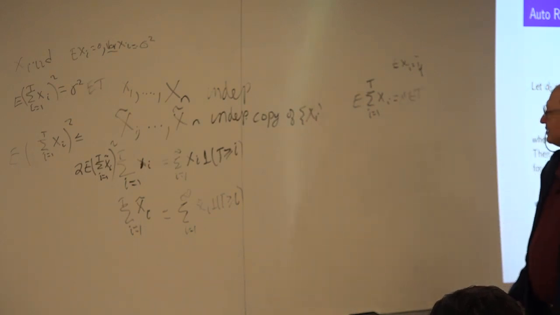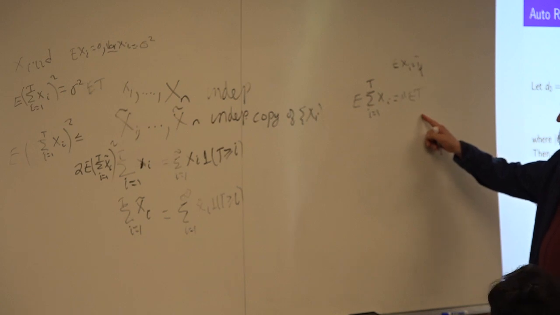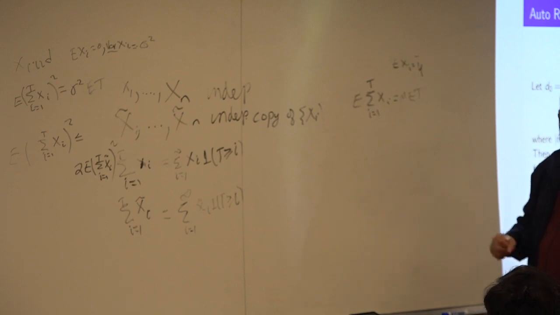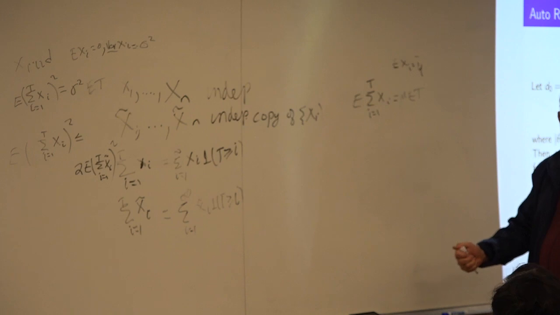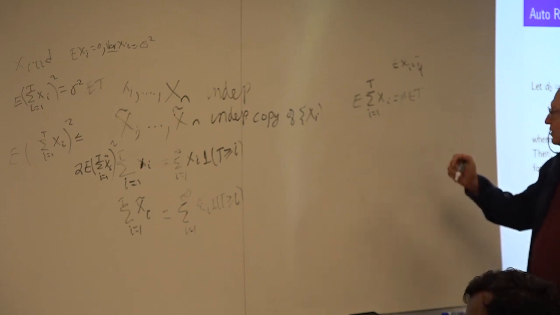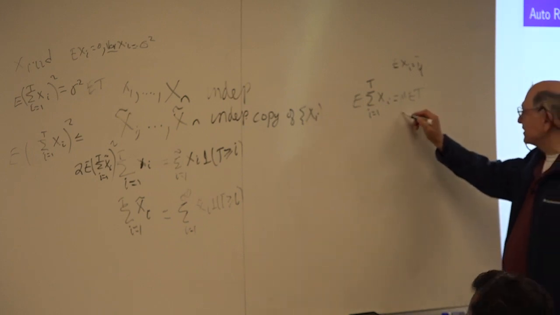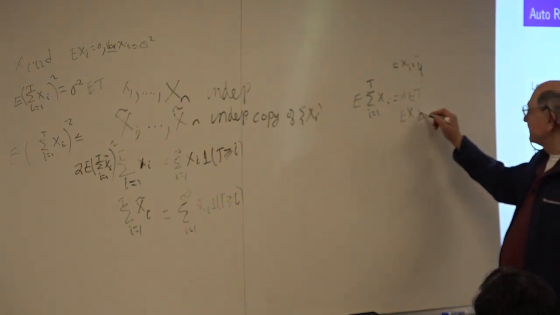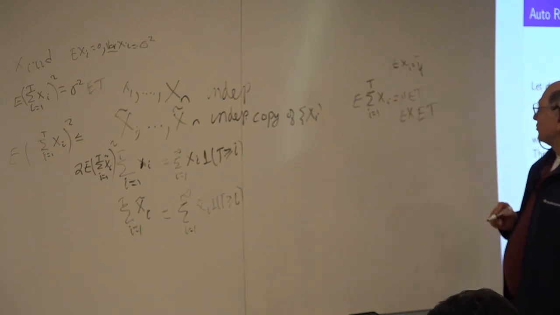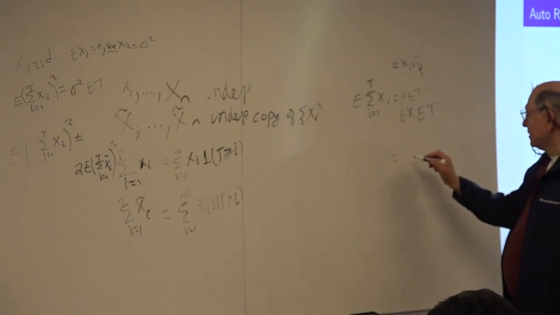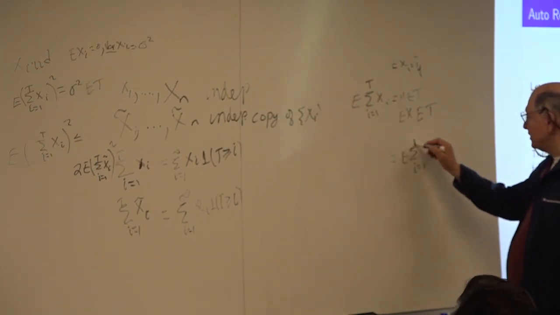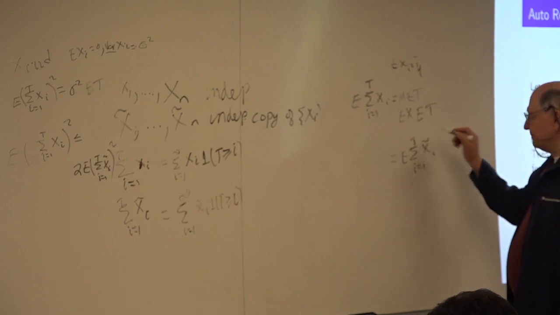Now, by Fubini's theorem, I'm going to show you how to decouple Wald's equation. What Wald did was decouple the sum. This is the expected value of x times the expected value of t, which happens to be equal to the expected value of the sum, i going from 1 up to t, of x sub i tilde.